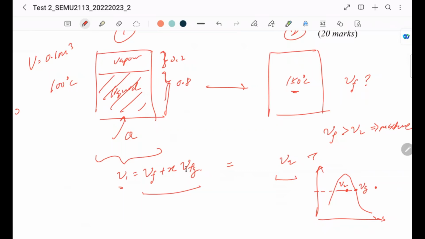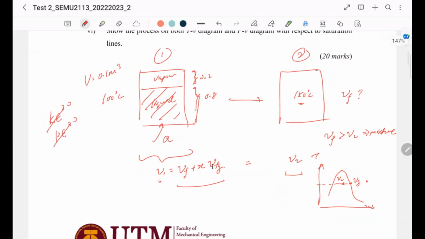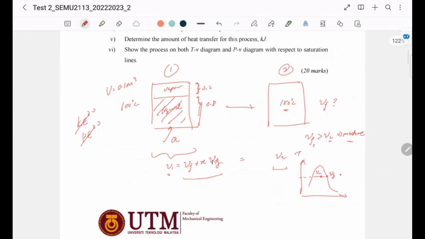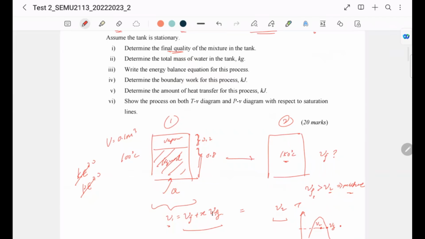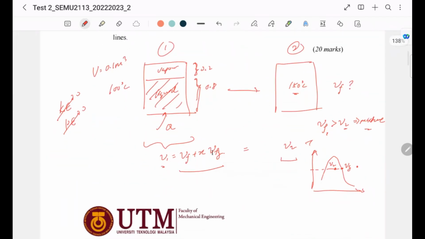And in this case, I think if you find the answer, you should get that v2 is smaller. So therefore it's a mixture. And then from there, you can find this, you can find this, and then you'll be able to find out x2.